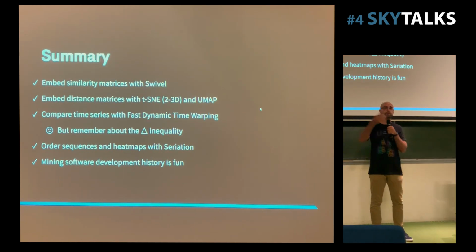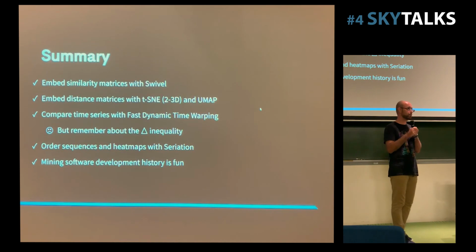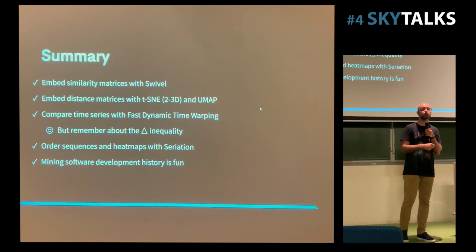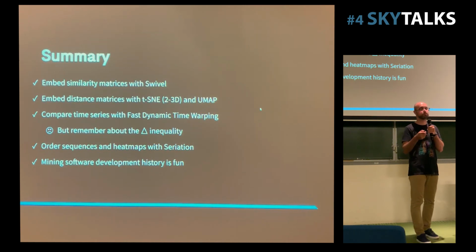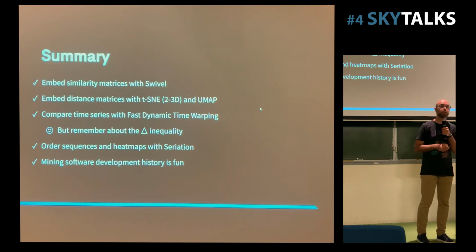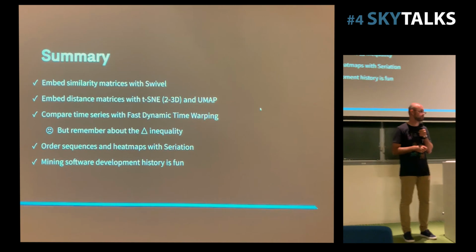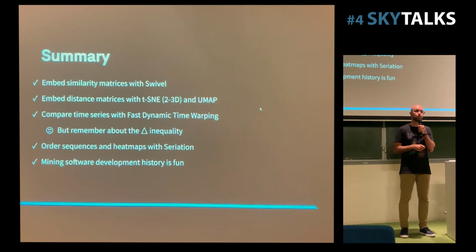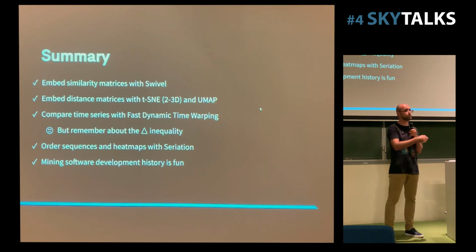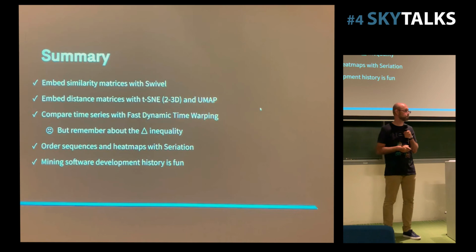You can apply seriation and get the best, almost the best possible way of grouping elements in your matrix and in your heat map. And finally, I hope I convinced you that mining development history is fun. Did I? I hope so. So apply the tooling, use the data sets, and play with it.